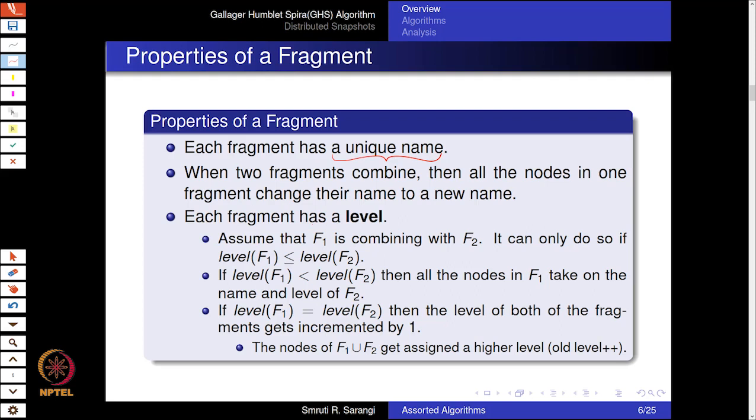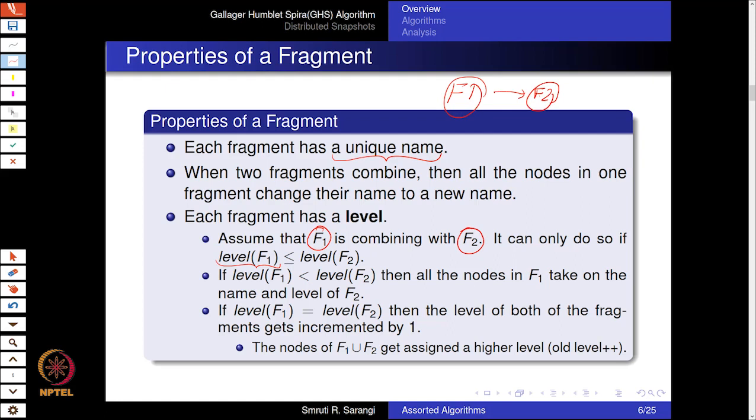Assume that fragment F1 is combining with fragment F2. We will say it can only do so if level of F1 is less than or equal to level of F2. What this means is that if F1 is joining F2, it can only do that if F1 is the smaller guy, smaller or equal.